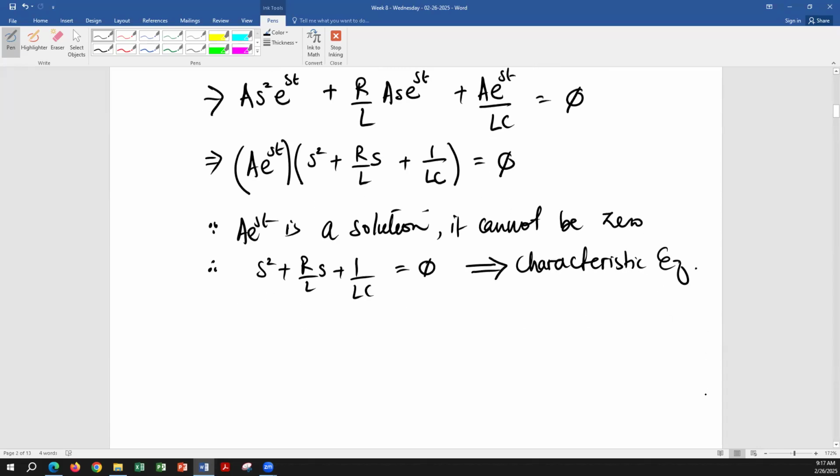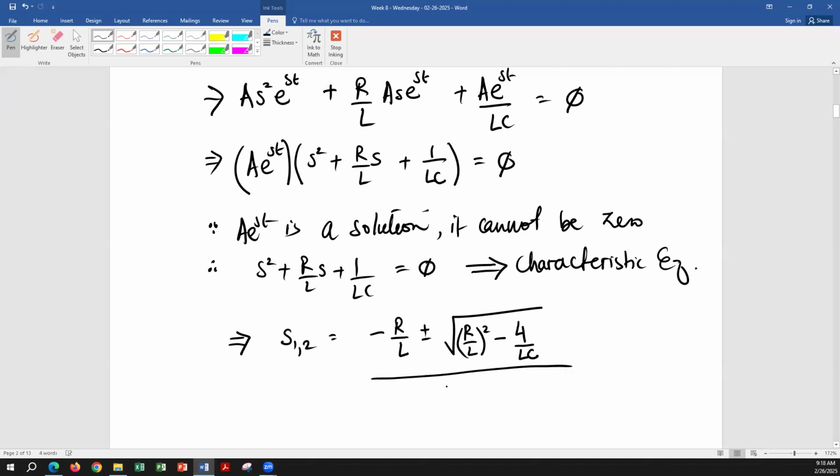It's a quadratic equation. So the two roots s1 and s2 will be negative b, where b is R over L, plus minus the square root of b squared, (R over L) squared, minus 4ac, where a is 1 and c is 1 over LC, all divided by 2a, which is 2.